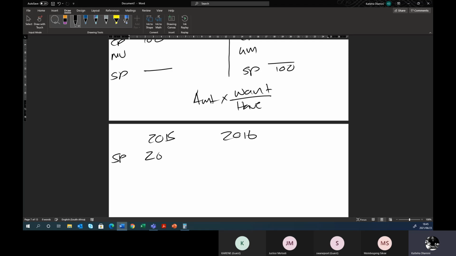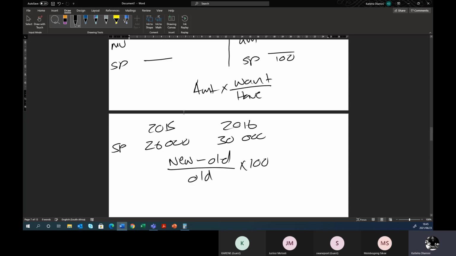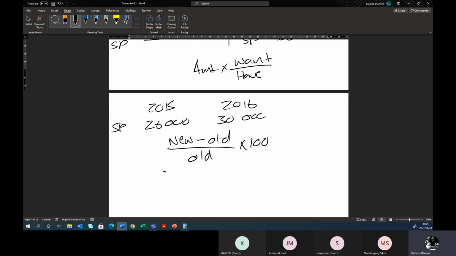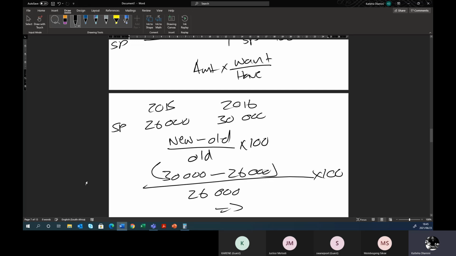Percentage change, so let's say in 2015 and 2016, I had selling price or sales of 26, and then now I have 30. What you're going to do is say new minus old over old multiplied by 100%. So you're going to have 30,000 minus 26,000 in brackets divided by the old, which is the 26,000 multiplied by 100%.